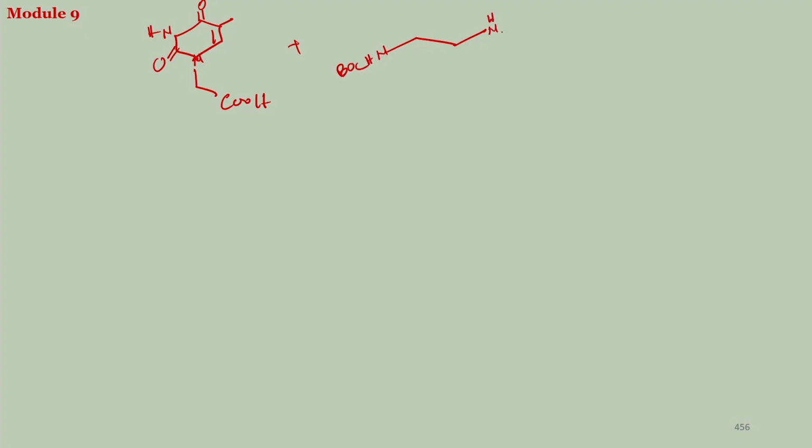So, on NH and CH2COOH that you had synthesized. Now, these two can be coupled. So, you have an acid here, you have the amine here, secondary amine.